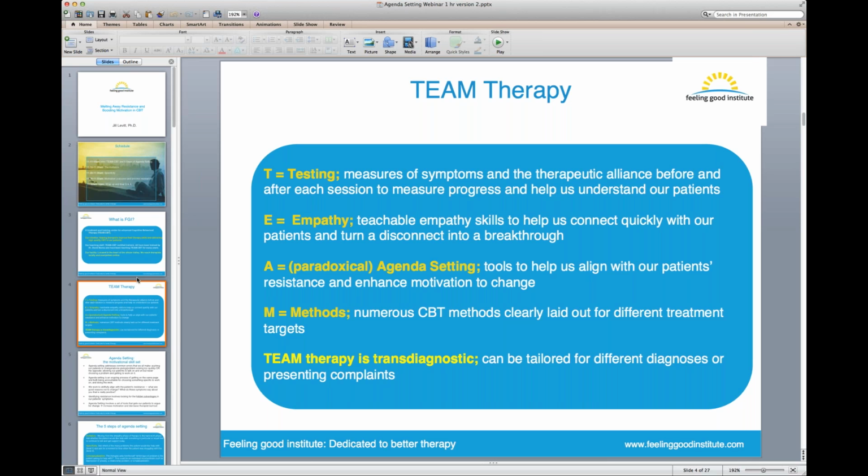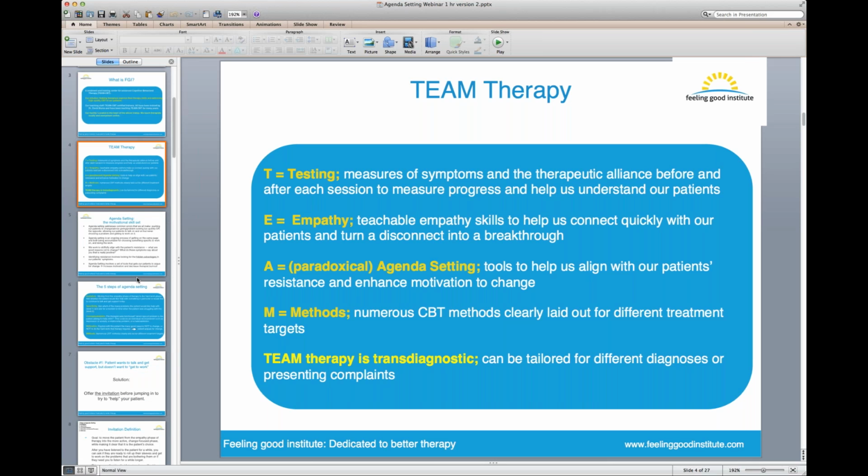What is TEAM therapy? I'm going to touch on this for just a moment because my goal is to talk to you about agenda setting, which is the A in TEAM therapy. TEAM is an acronym for a framework that we believe leads to effective therapy. It's like, what are the active ingredients to doing effective therapy, put together in a framework. Many of you may be following this framework without calling it TEAM CBT.